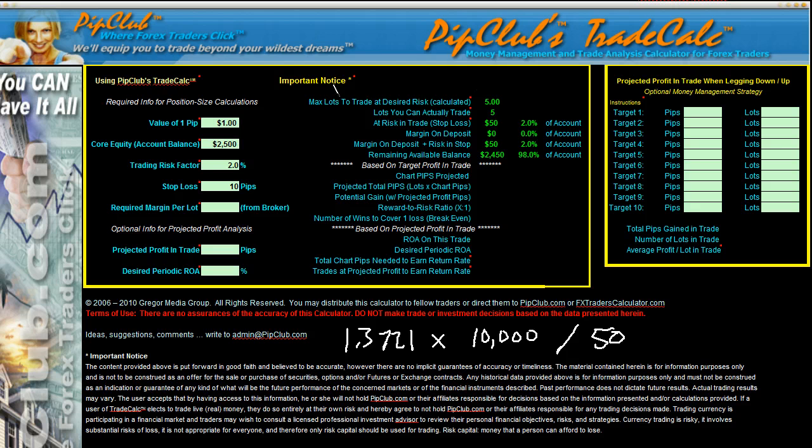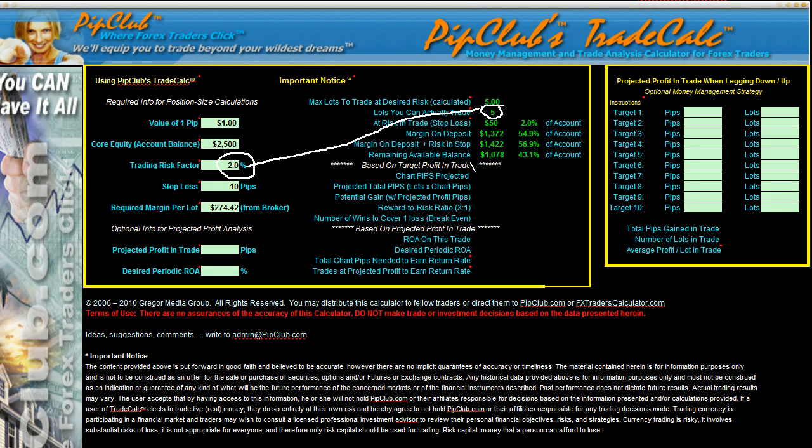And that number in this case would be something like $274.42. So we can put that right in there, 274.42. And now we get a little bit more information in regards to what's going to happen to our account if we put those 5 lots in our account, which is putting 2% of our account at risk into the trade.